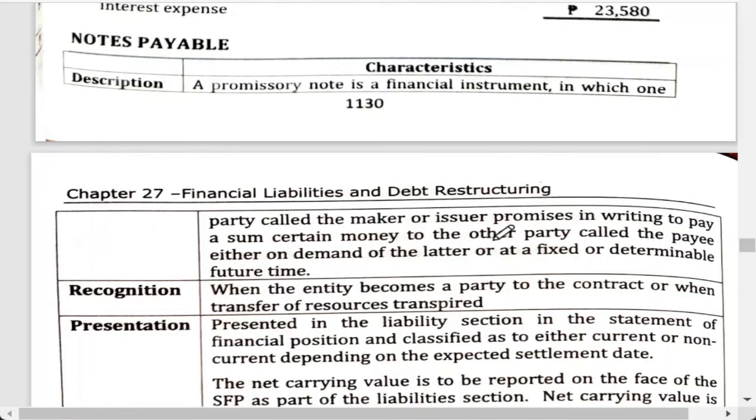So there are two parties here. We have the maker. The maker here is the issuer, and this issuer is the borrower, same as the bonds payable. And the other party here is called the payee.